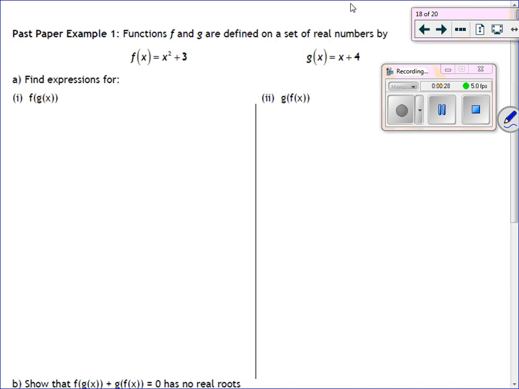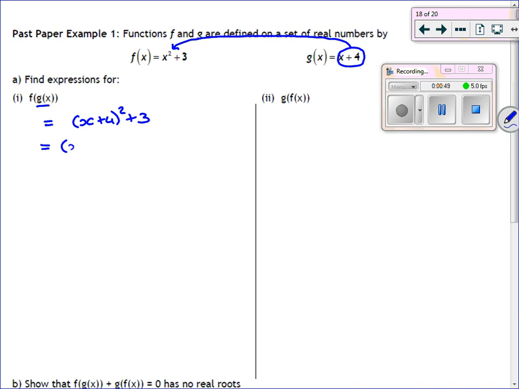So f of g of x is going to be (x plus 4) whole squared plus 3, because I want to take this x plus 4 value, and because g of x is on the inside, it goes inside the outside function, which is f. Let's expand those brackets.